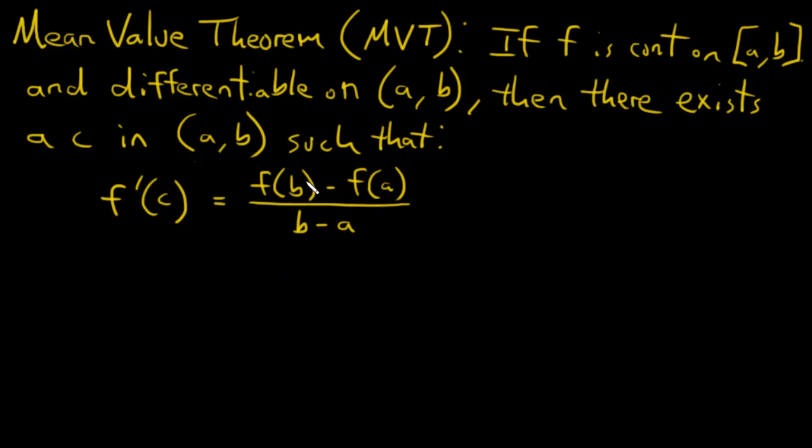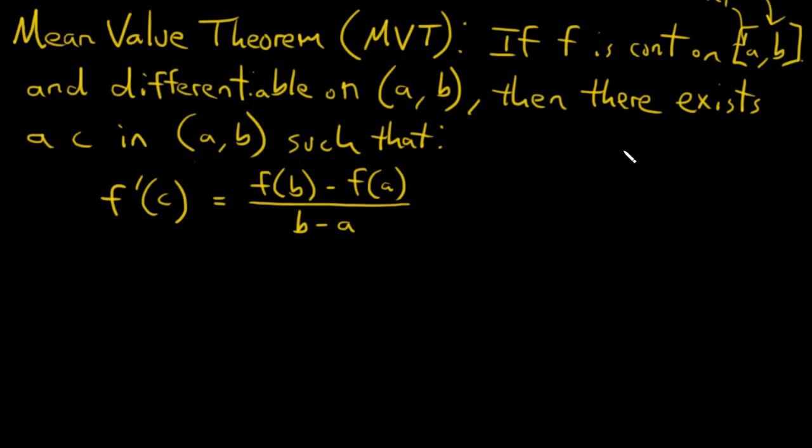Hopefully this looks a little familiar. What is f of b minus f of a over b minus a? Well, it looks bad until you think about it for a second. a and b are two x values, so f of a and f of b are the corresponding y values. Just for no reason, I'm going to call a x1 and b x2.